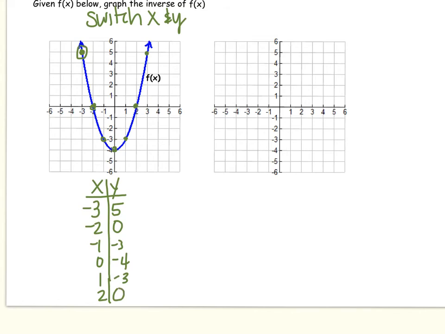And I'm running out of room. That's probably enough. Okay, so again, if I want to find an inverse, I'm going to switch x and y, which means in my new table, all of these coordinate points are going to flip. This coordinate point becomes 5, negative 3. This one is 0, negative 2, and so on and so forth.